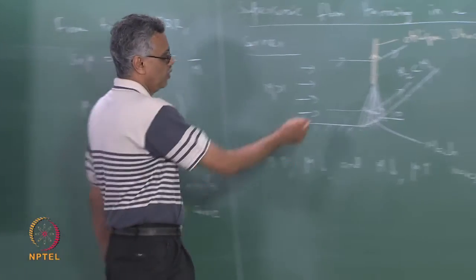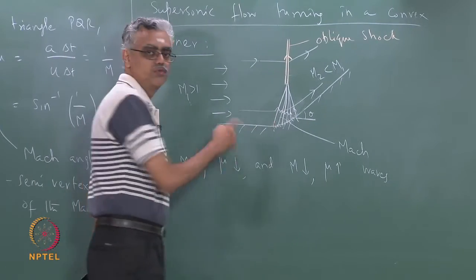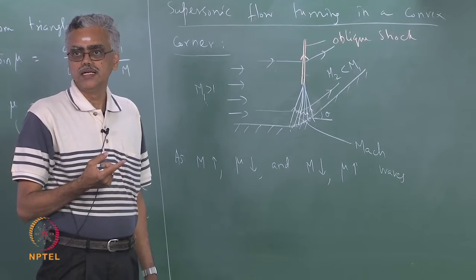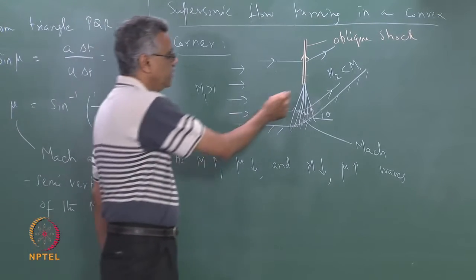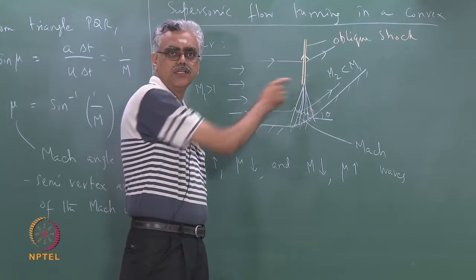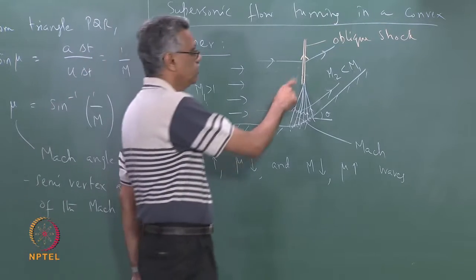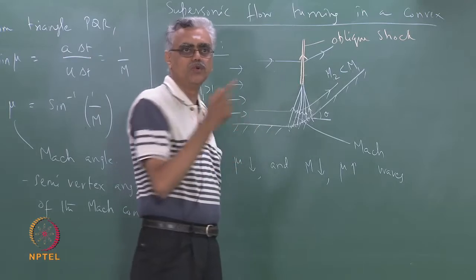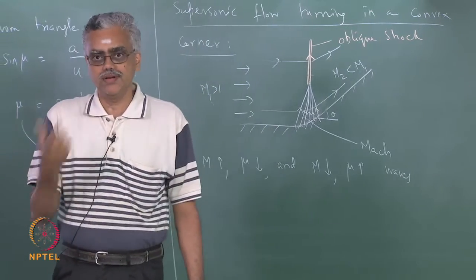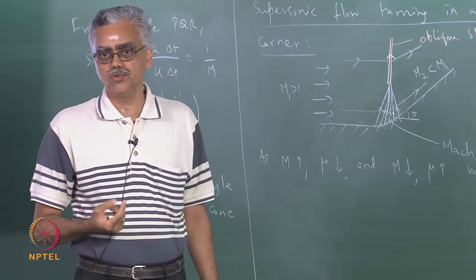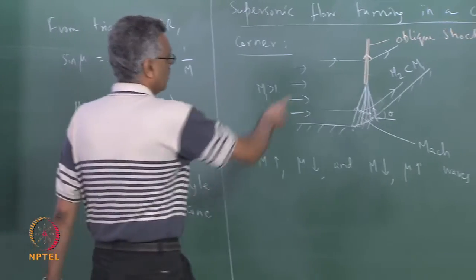At this point, each one of these waves turns the flow through an infinitesimal angle, but when they focus and coalesce like this, then the turning is through a finite angle. That is why they coalesce into an oblique shock wave, because an oblique shock wave represents turning through a finite angle, whereas a Mach wave represents turning through an infinitesimal angle. So they coalesce and then do this.